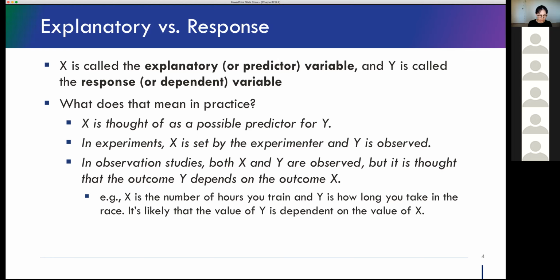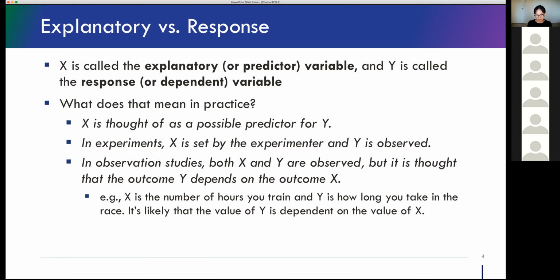So we could have a couple of factors to set up and we will see how the response will be in the experiment. So Y is a response that we observed. And in an observational study, both X and Y are observed, but it's thought that the outcome of Y would depend on the outcome of X. So we're assuming that Y would depend on X.